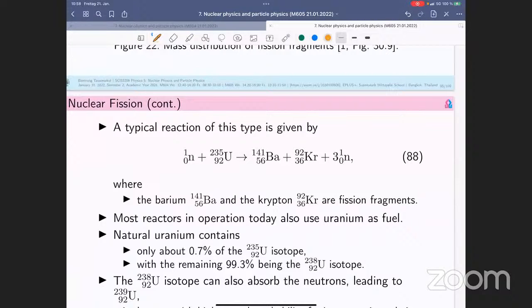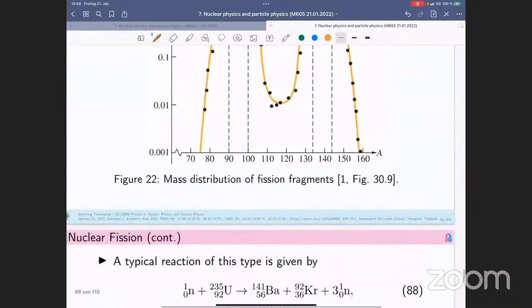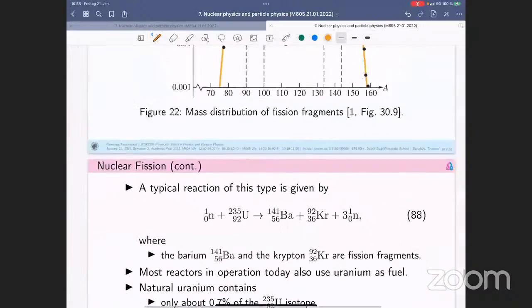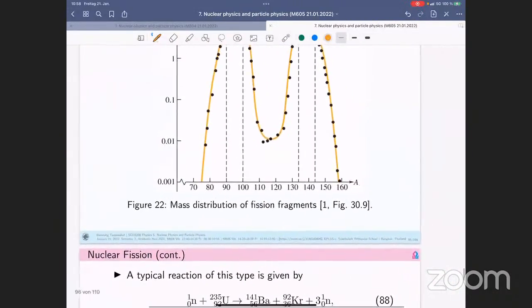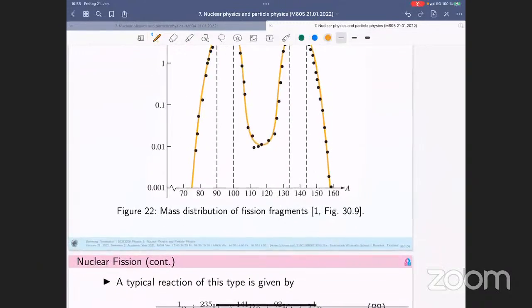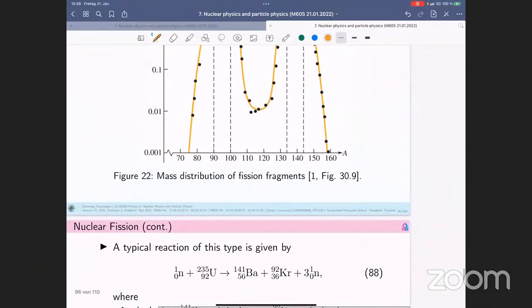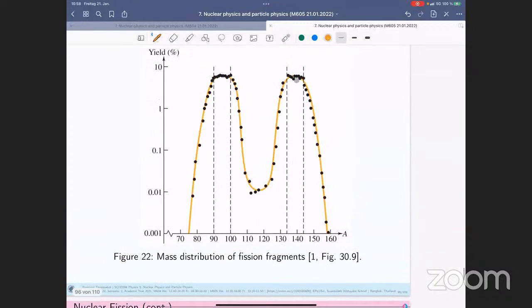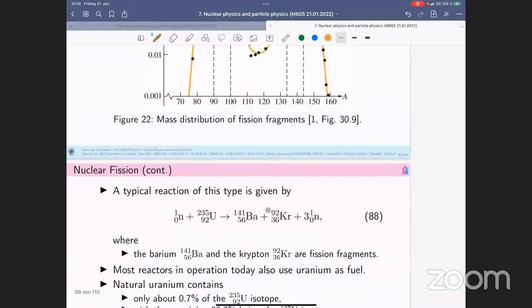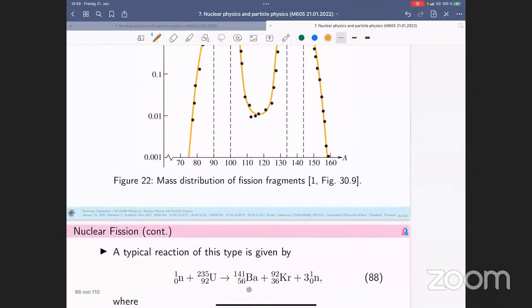Typical reaction for this type. The typical possible combination for this type is barium 141. Barium 141 is somehow here. This is 140, 140. 141 is somehow a little bit to this, right? 141 nucleon, and we get 56 barium.